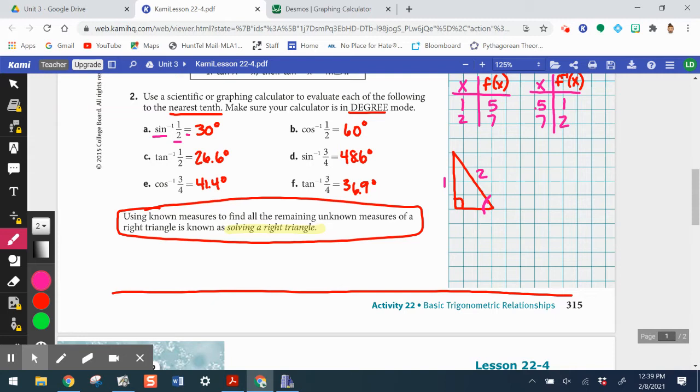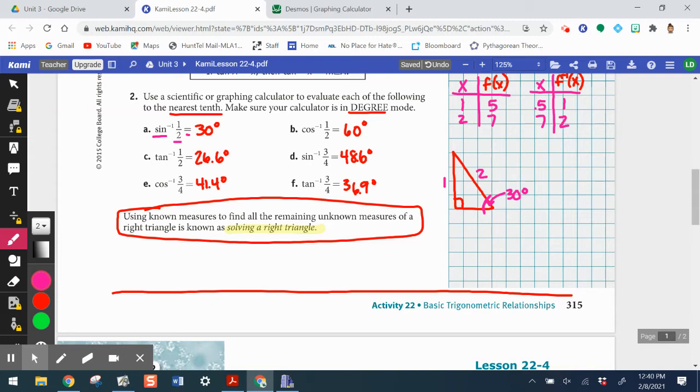So now I have just discovered, because of the opposite side of this angle compared to the hypotenuse in this triangle, this angle has to be a 30-degree angle. And so that's what we're actually doing here. We're using these ratios to find the missing angle measures. So we just calculated those angle measures, which is learning target 1.